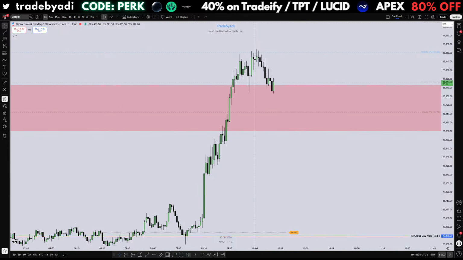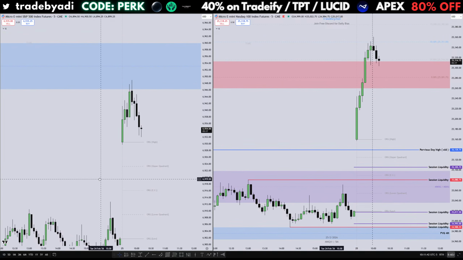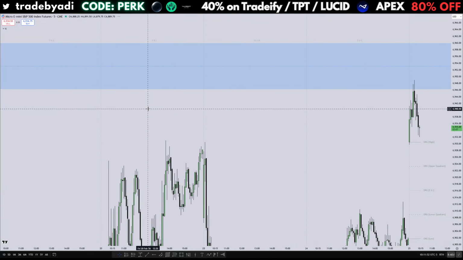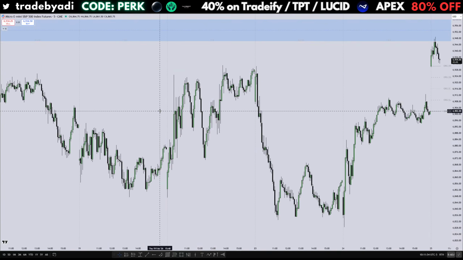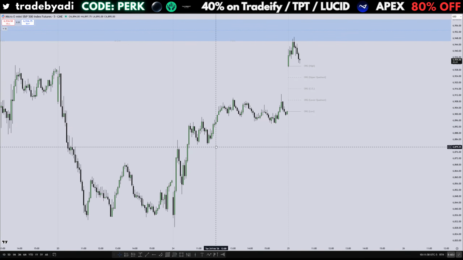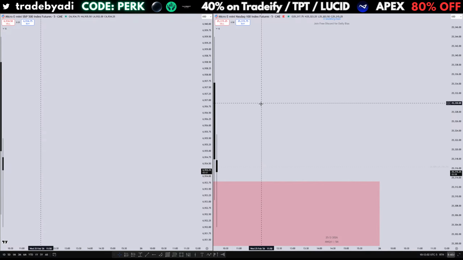And also, today's market is decoupled. If you see, we tapped to this blue area. This was the new week opening gap or the new day opening gap, and we got a reaction from that.